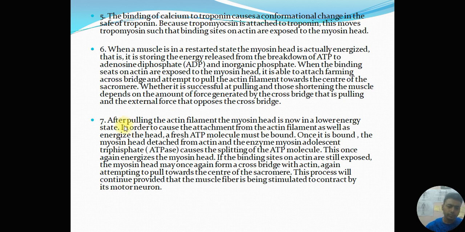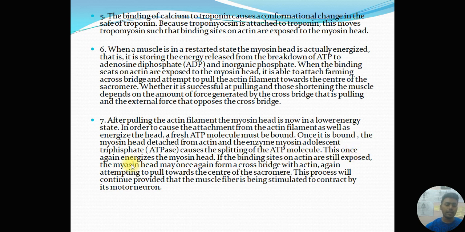In order to cause the detachment from the actin filament as well as to energize the head, a fresh ATP molecule must be bound. Once it is bound, the myosin head detaches from the actin, and the enzyme myosin adenosine triphosphatase, ATPase, causes the splitting of the ATP molecule.